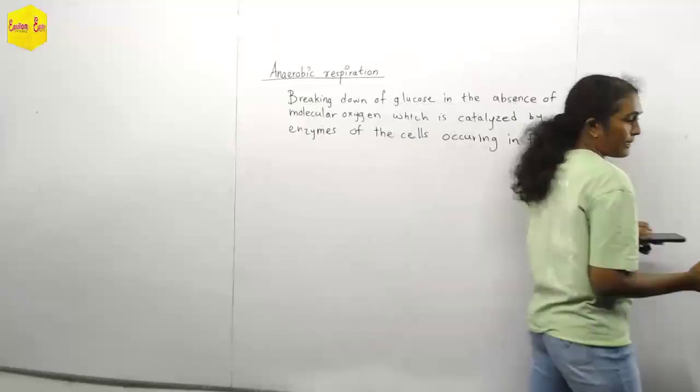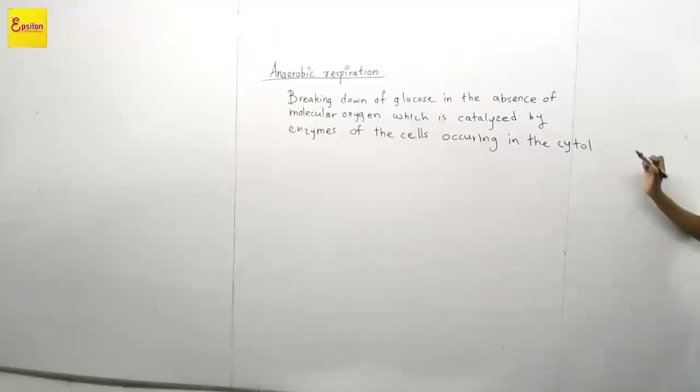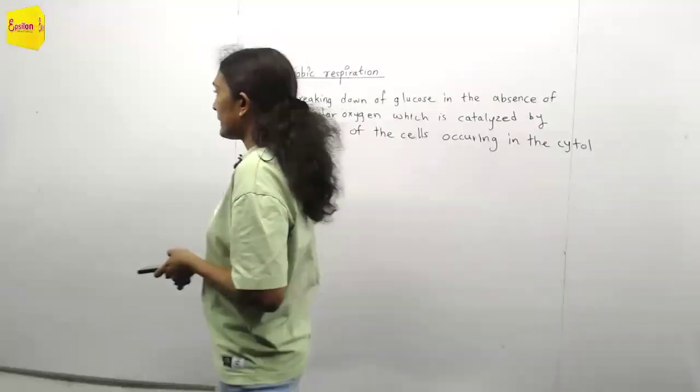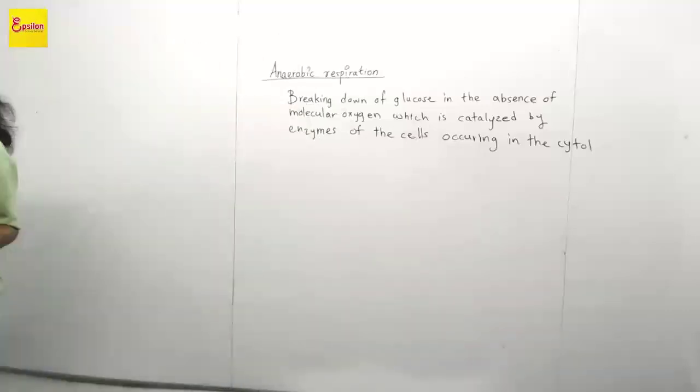Remember, anaerobic respiration only occurs in the cytosol. So the enzymes for anaerobic respiration are also located in the cytosol. Okay.